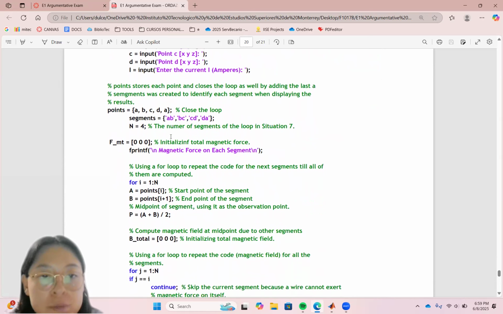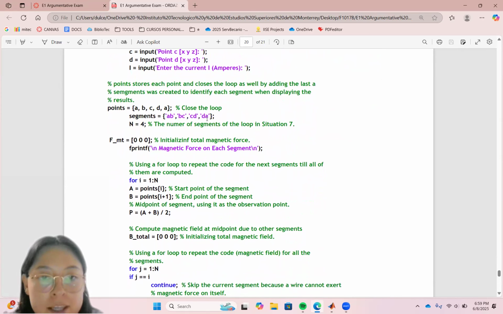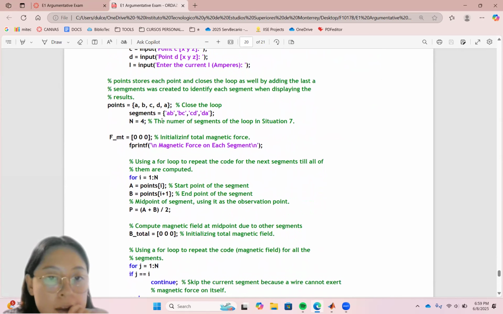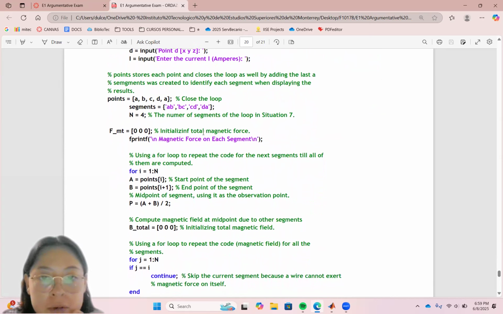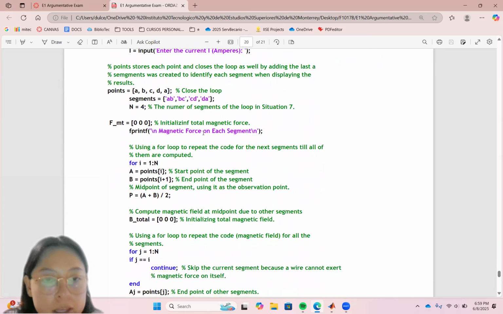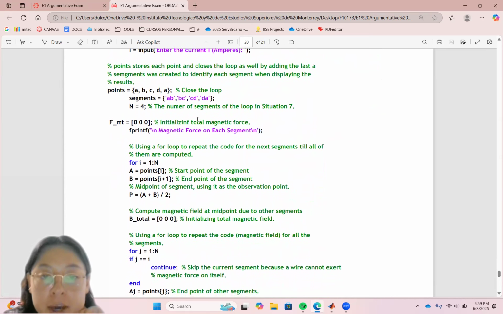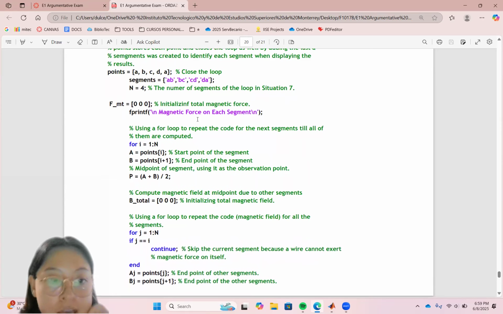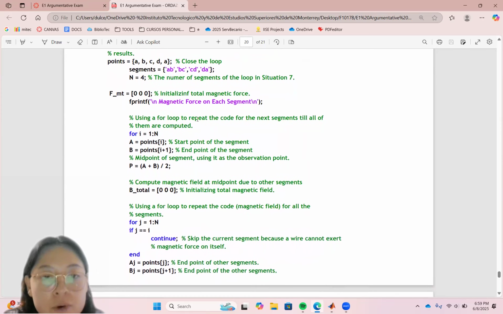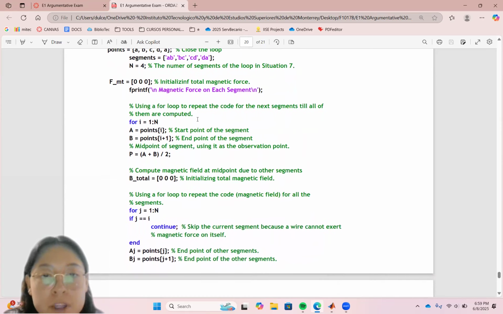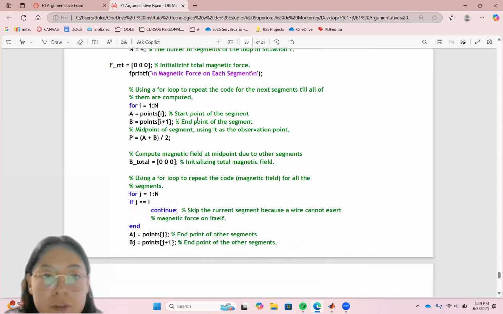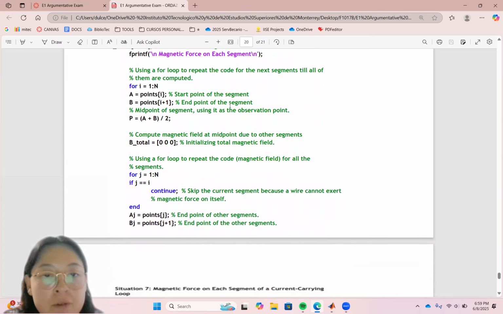And I store my segments AB, BC, CD, DA, and the number of segments in this loop. I must initialize my total magnetic force. And finally, I use a for loop to repeat the code for the next segments until all of them are computed. First, this one is the beginning of the segment, and this one is the end.